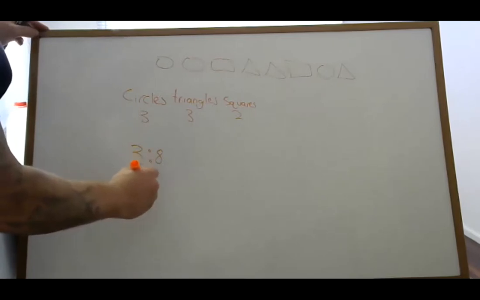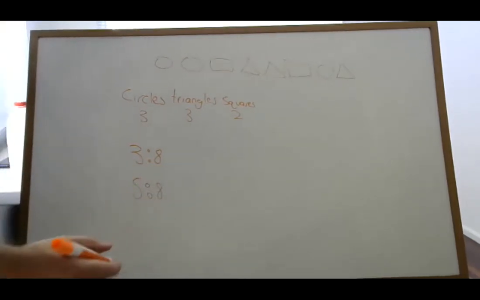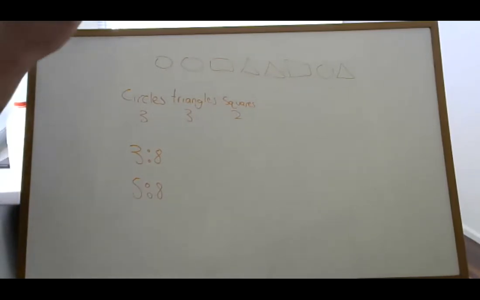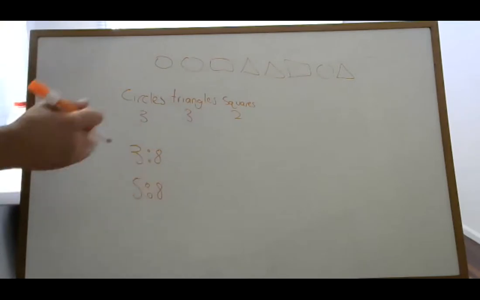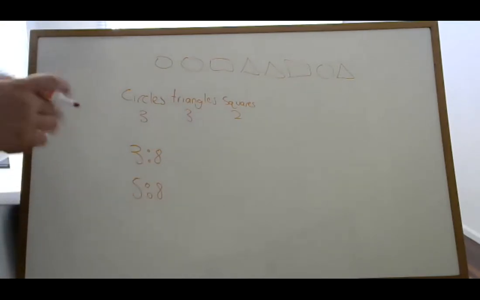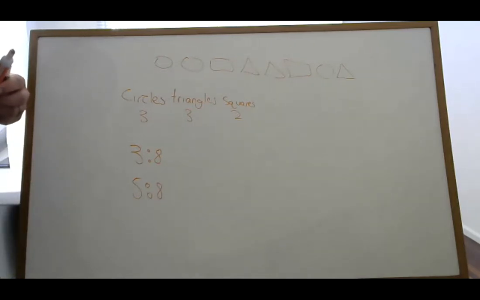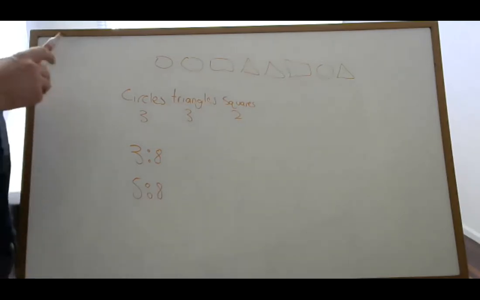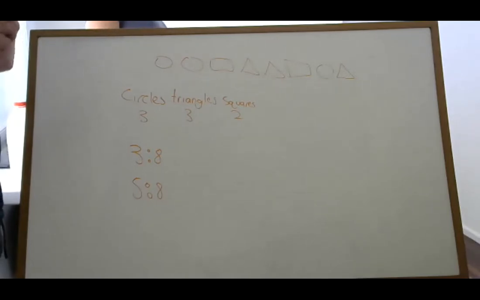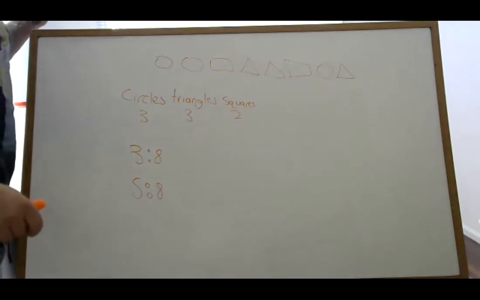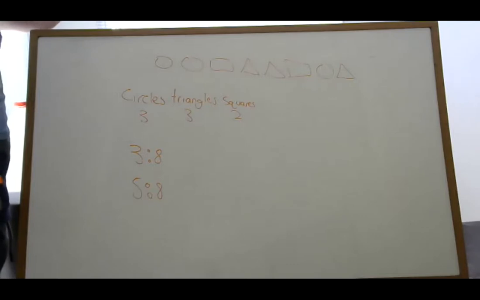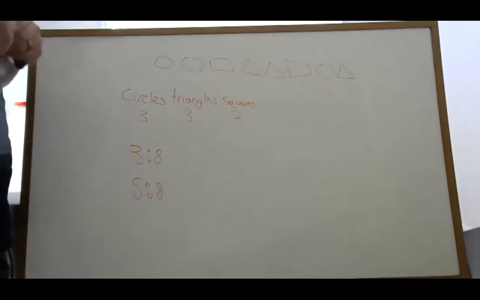So the ratio, what about the ratio of shapes that are not triangles or squares to total shapes? Okay, so you understand that, it's fairly basic.